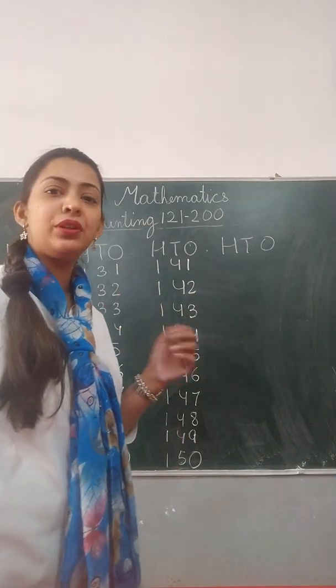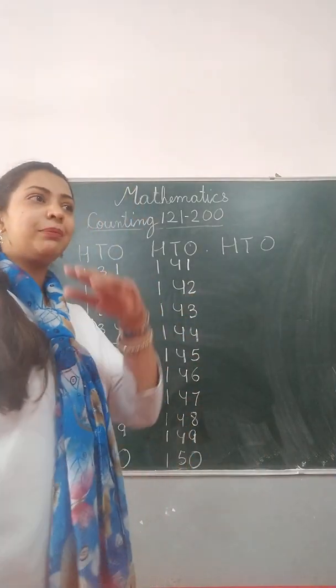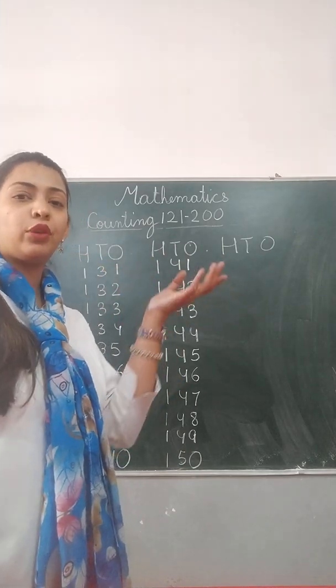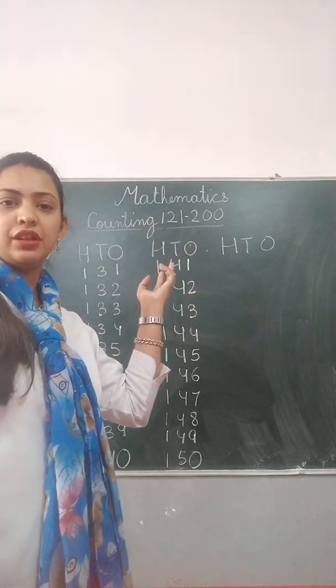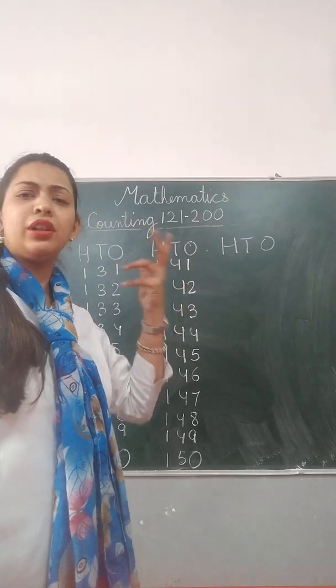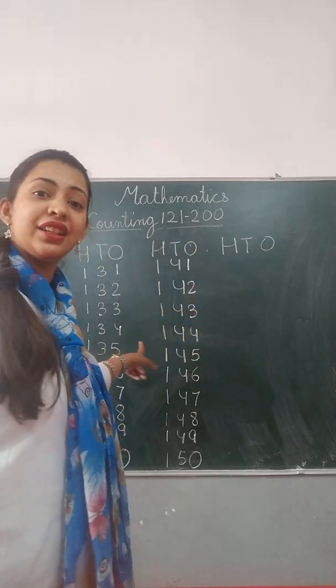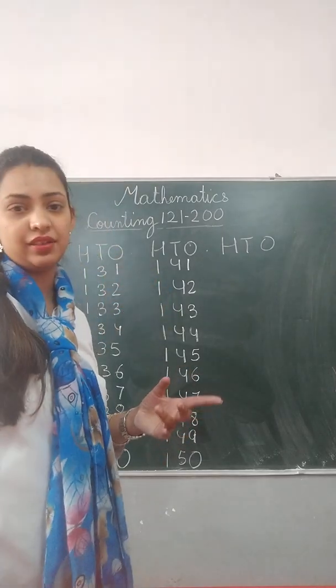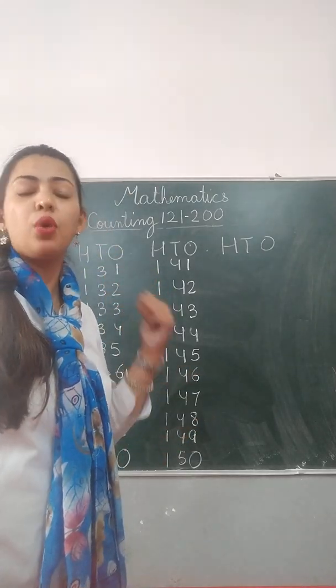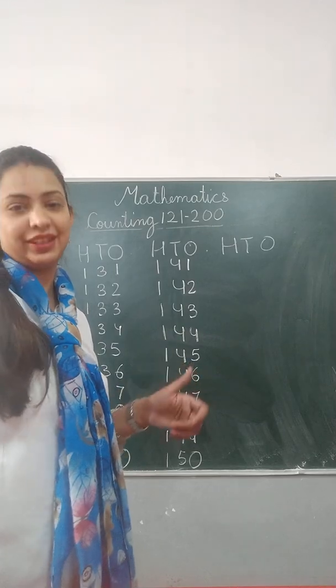This was helping me learn my numbers also. So when in my next class I work on what comes before and what comes after, I will always remember all the numbers, because they are in my mind, as I have already done the counting loudly in class. So you should always speak before writing.